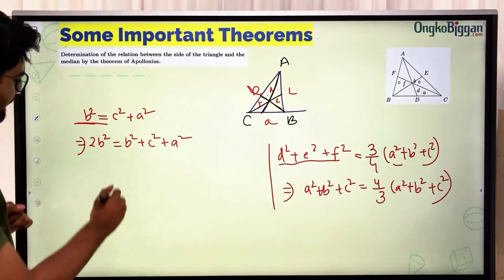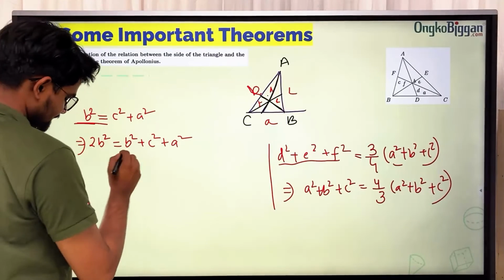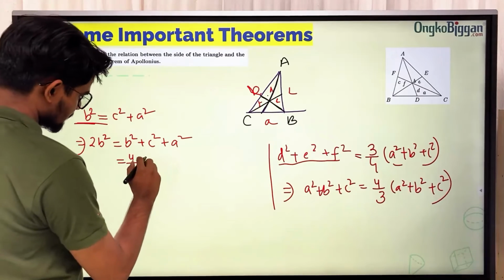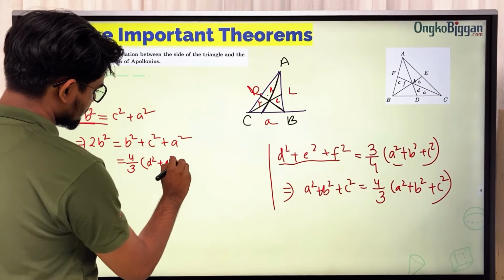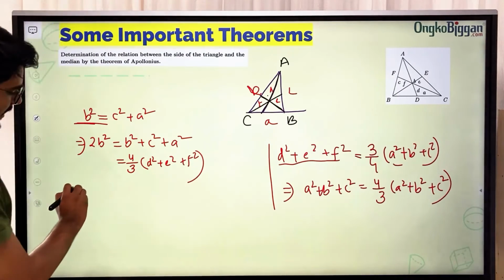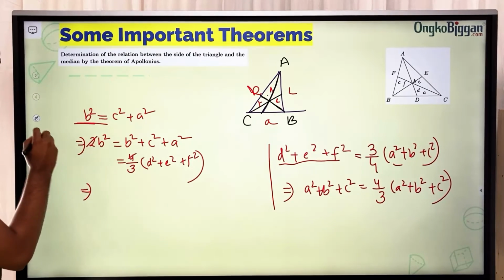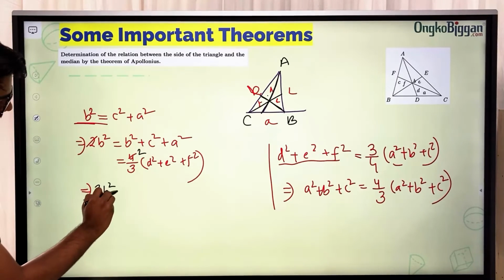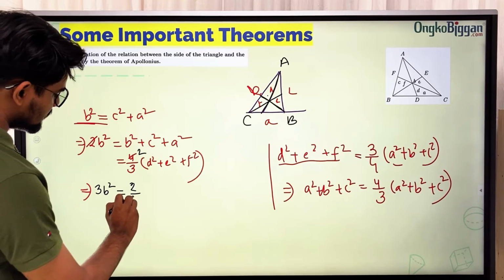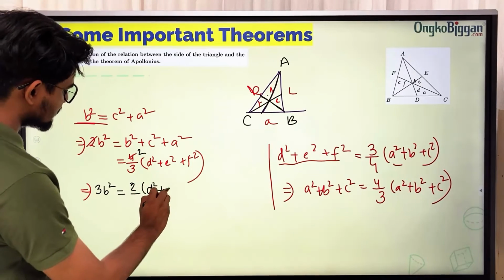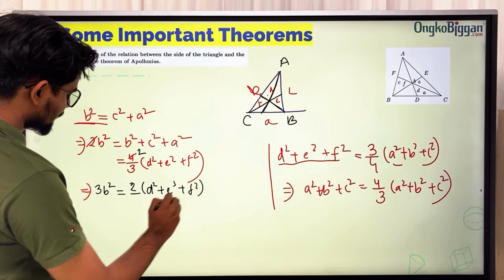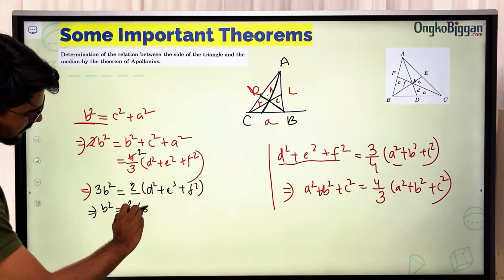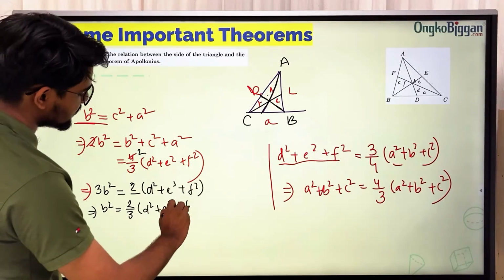So we can write it here, 4/3 into D square plus E square plus F square. Finally these 4 and these 2 can be cancelled out and we get 2. So we get 3B square is equal to 2 into D square plus E square plus F square, or you can write it this way also, B square is equal to 2/3 of D square plus E square plus F square.